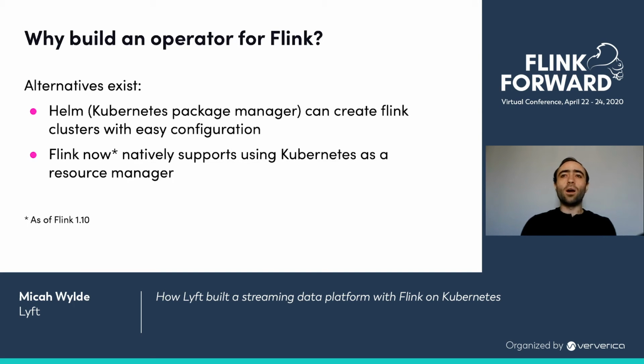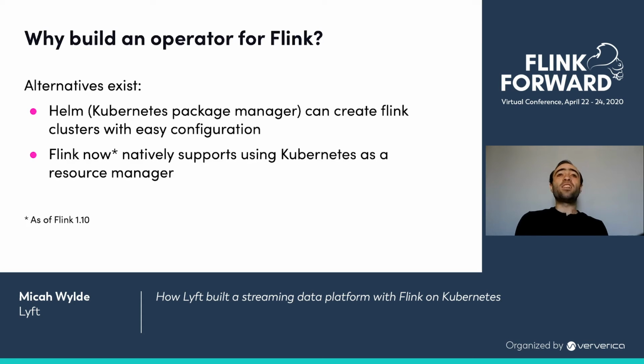So why did we decide to build an operator for Flink? There's a few different ways you might run Flink on Kubernetes that people were doing. If you look at the official Flink documentation, they suggest this Helm approach. Helm is a Kubernetes package manager. It gives you one command to run complex things on Kubernetes. And you can use that to create a Flink cluster, and then you can deploy your applications to that.